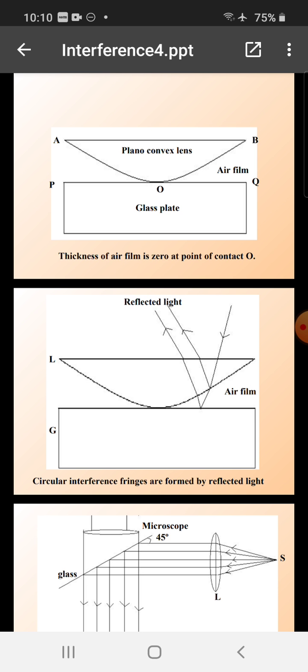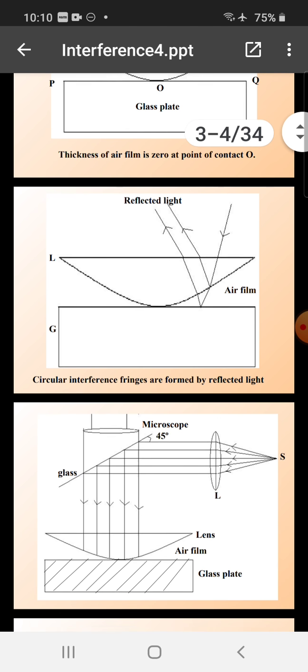These interference fringes are circular in shape because of the curved portion of the convex lens, which is a part of the whole circle. Therefore, the fringes are also circular in shape, and that is formed by reflected light.